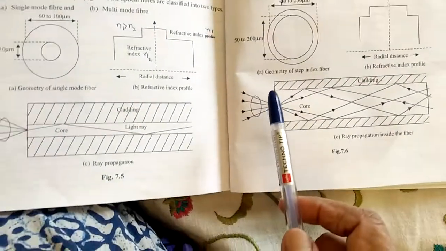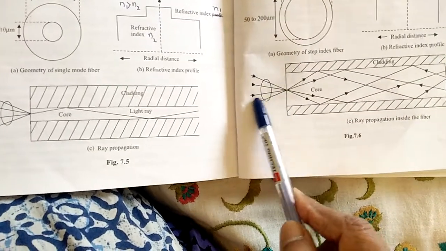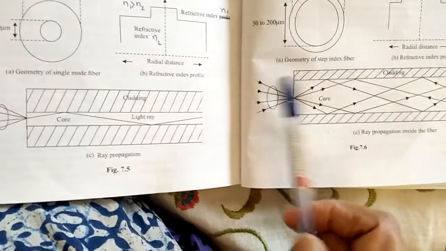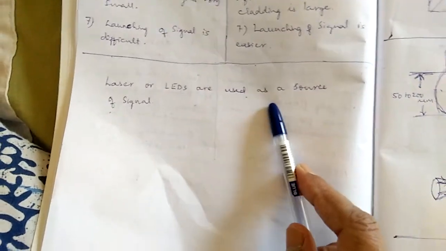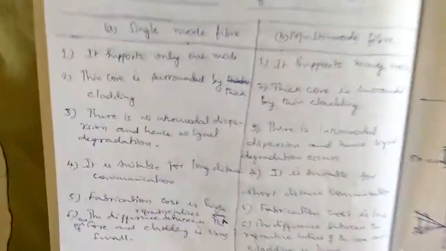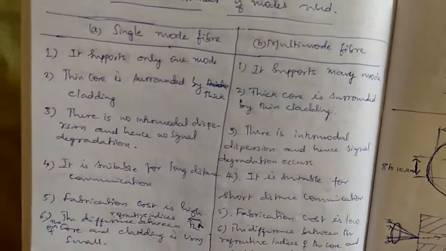The source used at the entrance, the light source, is LED or laser. So you can write that laser or LEDs are used as a source of the signal. Okay, these are the differences for single mode and multi-mode fibers.